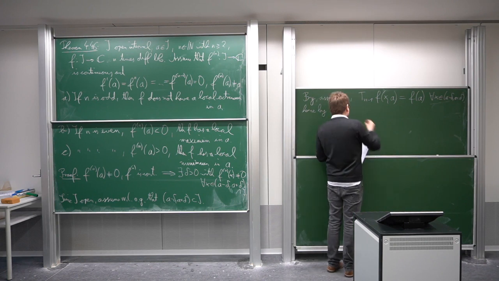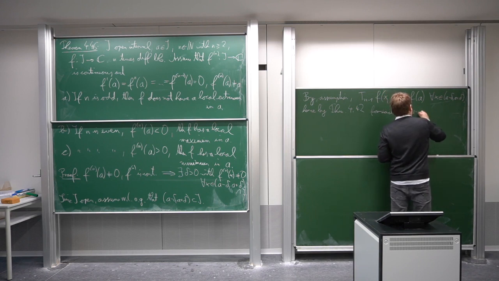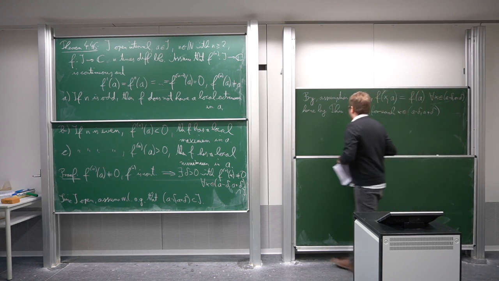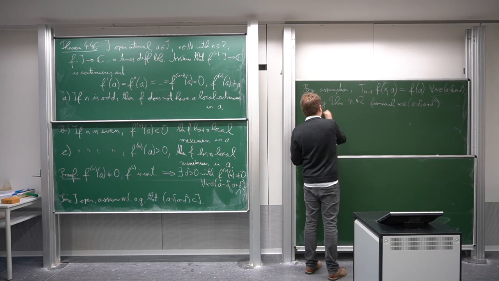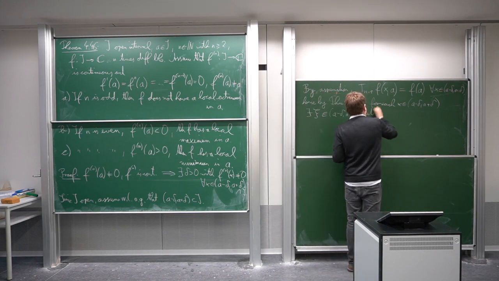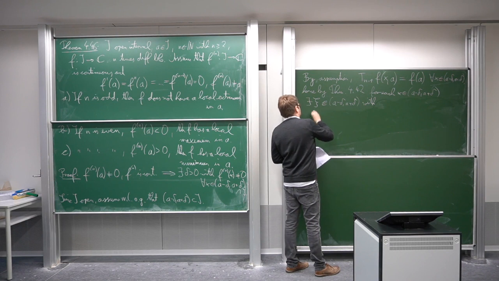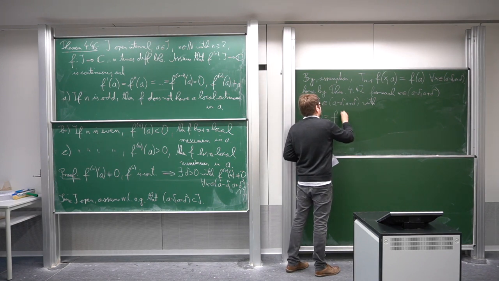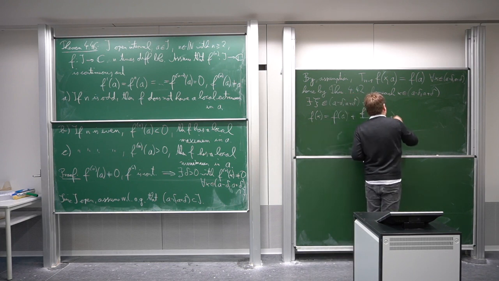So by theorem 4.4.2, the Lagrange remainder form, for each x in (A minus delta, A plus delta), there exists some xi between A and x, and for us it is only relevant that this xi is also in (A minus delta, A plus delta), such that f of x is the (n minus first) Taylor polynomial, which in our case is just f of A, plus f^(n) at xi divided by n factorial times (x minus A) to the power of n.